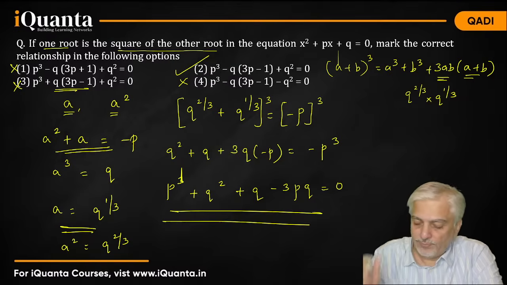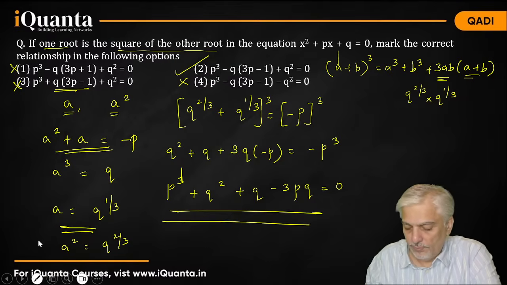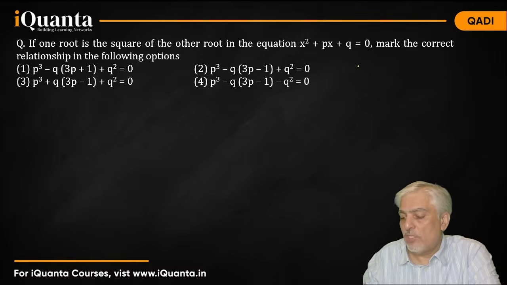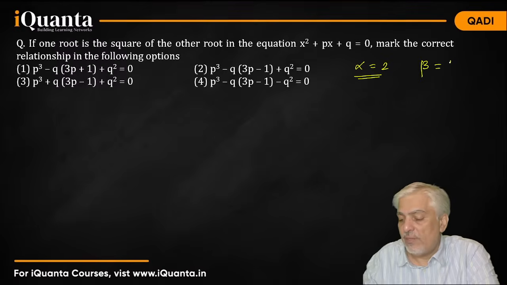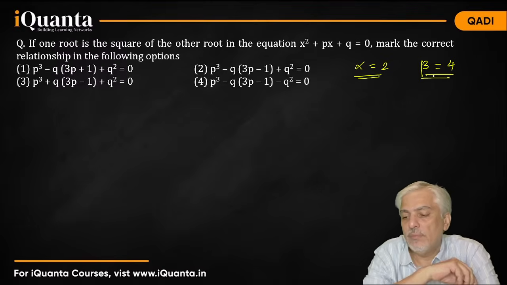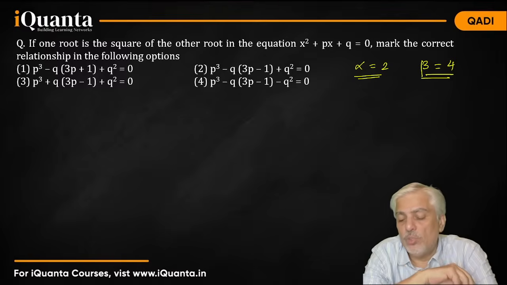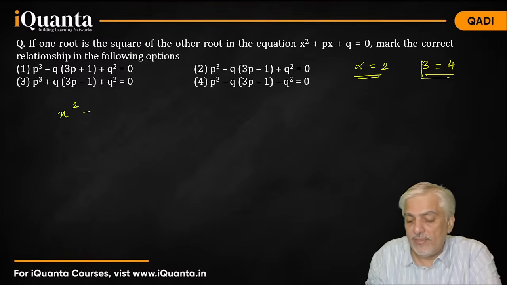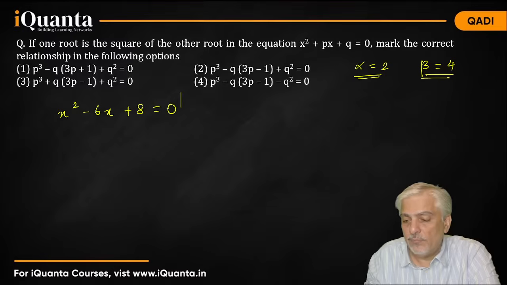Pay attention. What I would have done in an exam situation, I would have assumed alpha to be 2. That means the other root beta will be 4. Alpha is 2 and the other root is a square, so beta is 4. So if alpha and beta are 2 and 4, my equation is x square minus 6x plus 8 is 0.